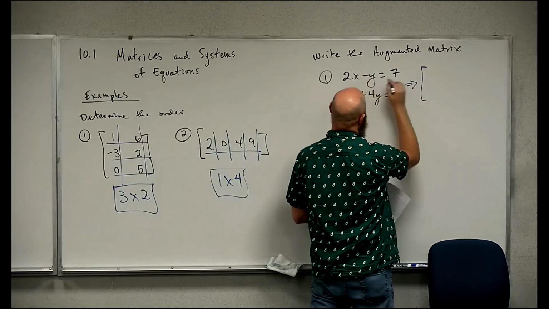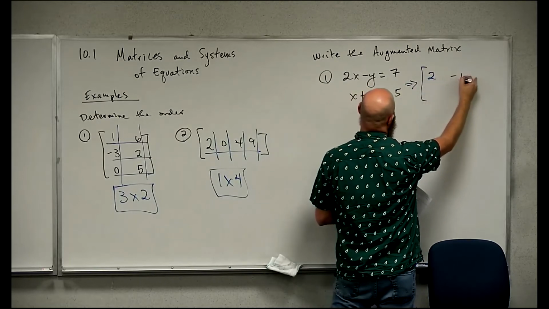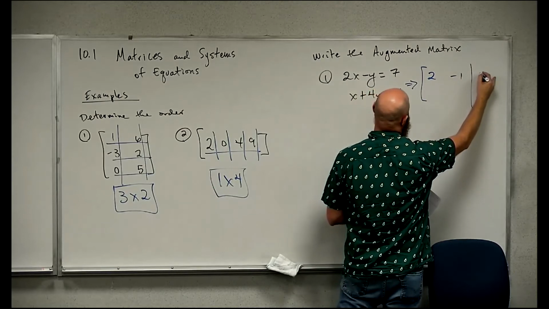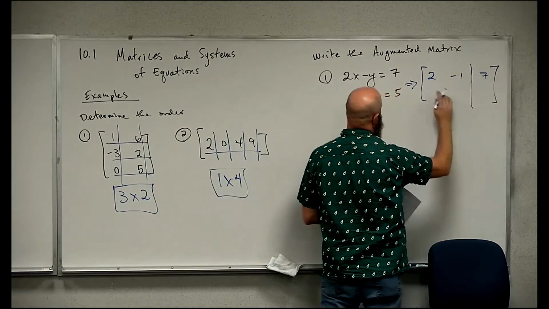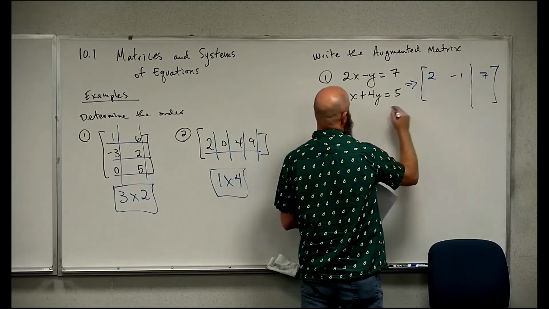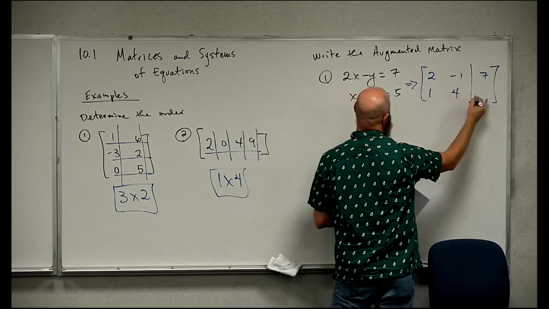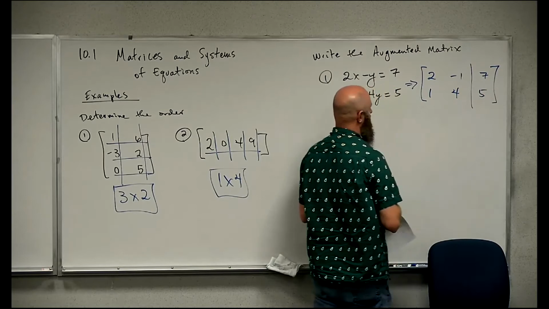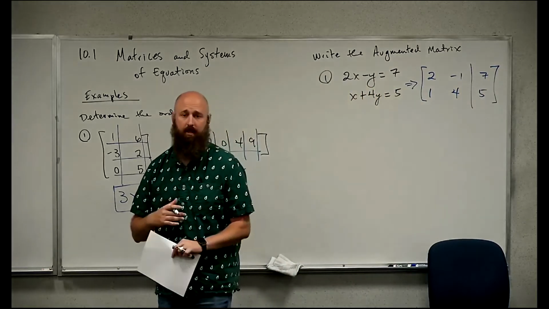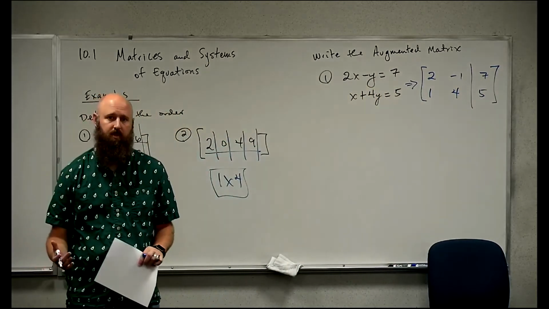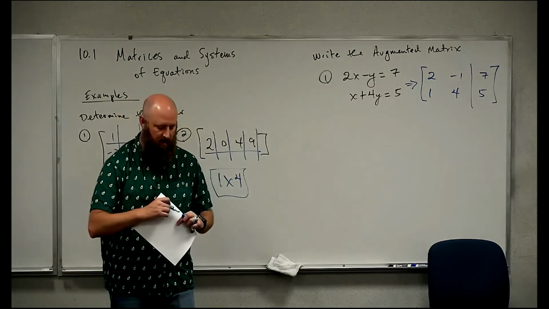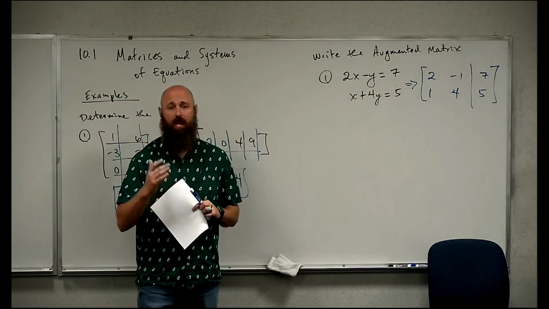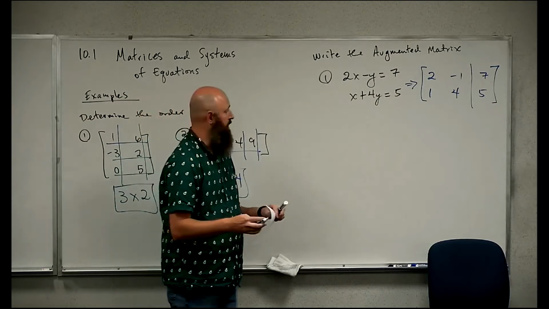So we have here 2, -1, the equals, and then 7 for our first row. And our second one, we have 1, 4, and then equals 5. And there's our augmented matrix. That's all we do. Okay, so when it asks for that, we're just plugging those pieces in. Again, we have to be able to do that because it's going to be important in just a moment.